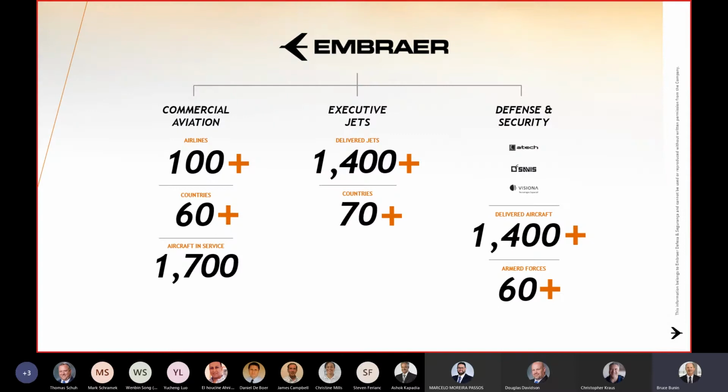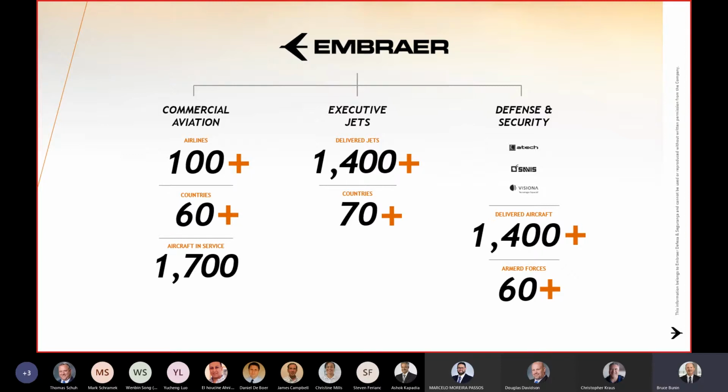I won't spend too much time on it, but if you're not familiar with it, the history of the company is certainly interesting, starting with a strategic plan from the Brazilian government and the Brazilian Air Force. So we've been in the defense business a long time as a company, even though most people think of us as a commercial jet company. These show the numbers we've achieved over the years in terms of aircraft delivered and in service, and the number of customers we serve in each segment of the company.